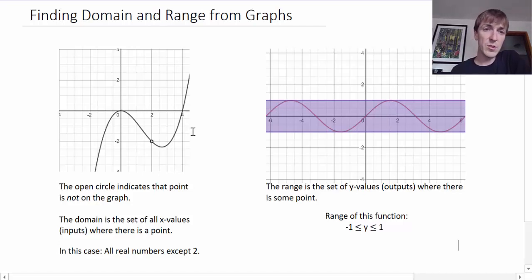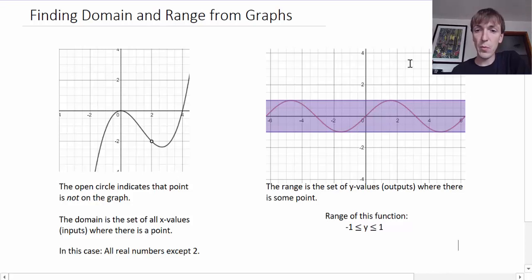Okay, what about range? Remember, range is the set of actual outputs from a function, and when you're looking at a graph, you can read range as the set of y values where there is some point. We're going to use that sine function again, and we can see, because I've highlighted here, that the only y values on this graph are the ones between y equals -1, which is the bottom here, up to y equals +1.